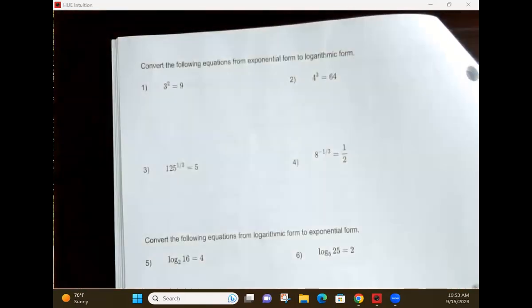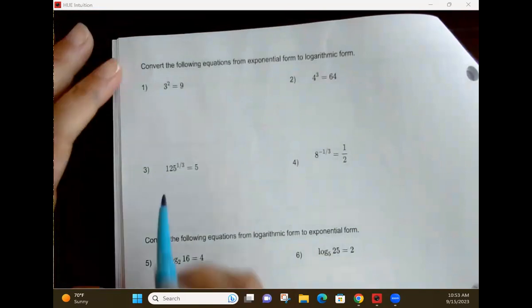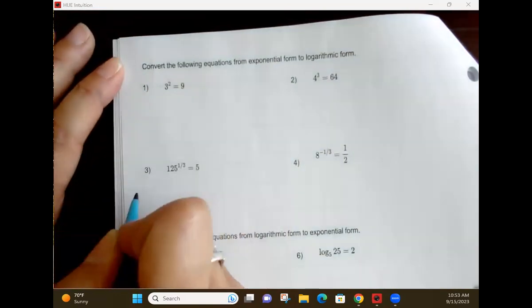On the next page, we're going to start with a set of 4 exponential equations, and we're going to rewrite them as logs. Okay, we're going to change these to logs. So for number 1, 3 squared equals 9.